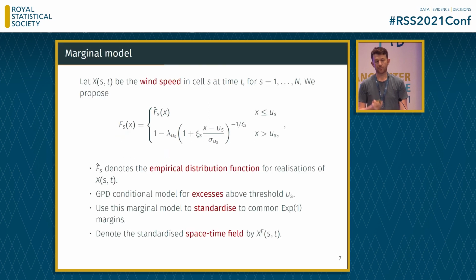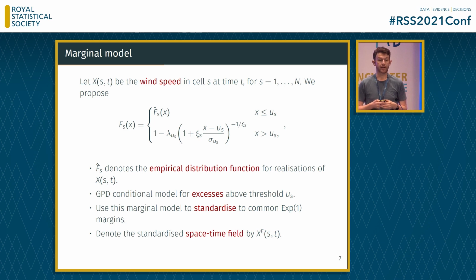So what we do first is we specify a marginal model for each of the grid cells on the Euro 4 data set. To do this, we choose a sufficiently high threshold. Below that threshold, we use the empirical distribution function. And above that threshold, we use the generalized Pareto distribution as a conditional model for excesses above that threshold.